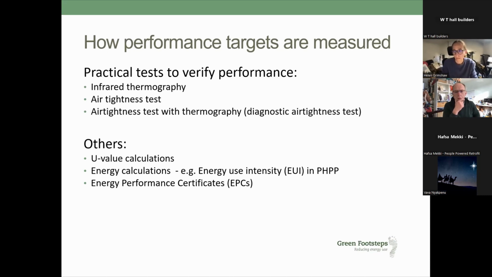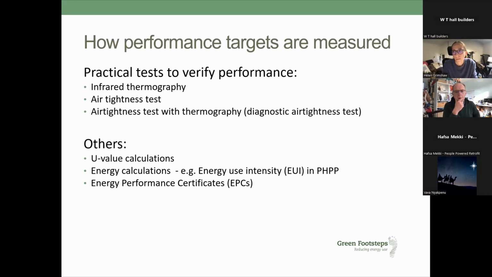The other ways that we can measure things are sort of paper-based. We can confirm things with U-value calculations, and to a certain extent, those performance targets are supported by these calculations. So you've got to have calculations on thermal bridges if you're looking at the Retrofit standards.